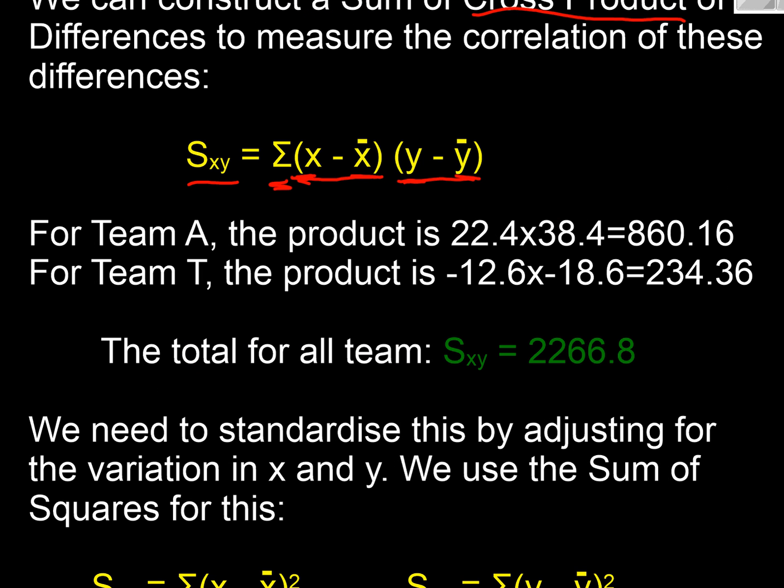So quickly, using Team A as an example, they scored 22.4 goals more than the mean and earned 38.4 points more, so we multiply those together and we get 860 goal points for them. And the worst team in the league got minus 12.6 goals compared to the mean and minus 18.6 points.